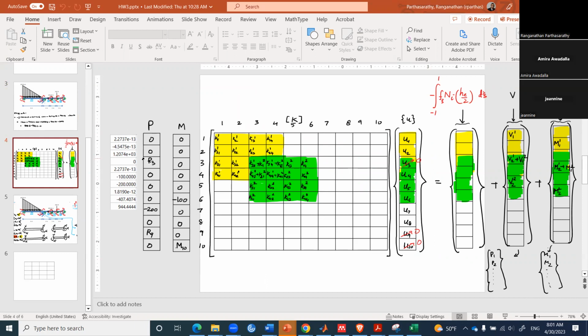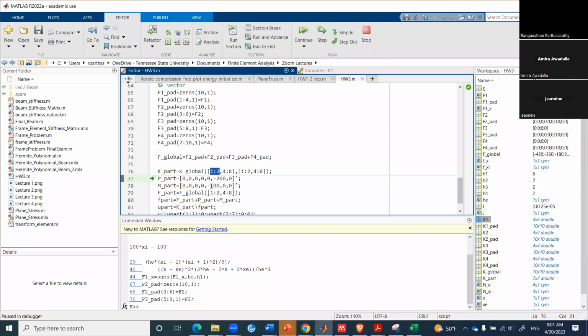And when you're taking out 3, 9, 10, your only things will be 0, 0, 0, 0, 0, 0, negative 100, negative 200, 0. So that is for P, and for moment only the negative. Then your F part, you have already from F global, same way you partition.